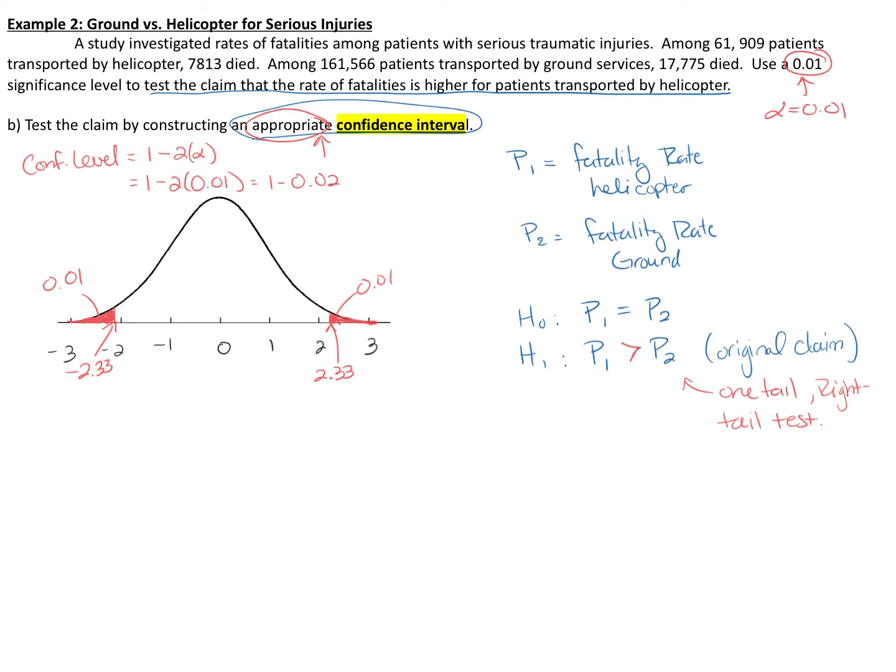So the appropriate confidence level, which is represented by the center of the distribution, the area that I'm shading in blue, is where we're going to find our confidence level. That's 1 minus 0.02, which gives me 0.98. So I'm going to build a 98% confidence interval.